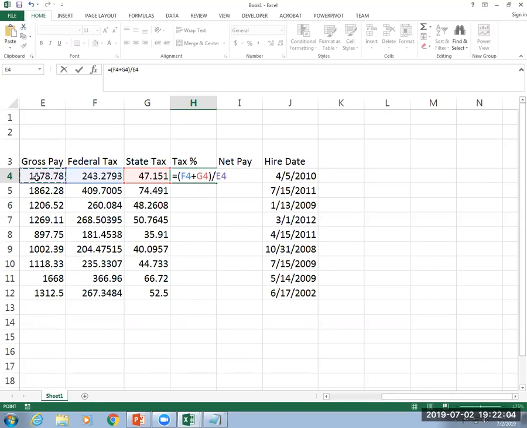That's why we need to put F4 plus G4 in parentheses, as an order of operations. Because we do multiplication and division first, without the parentheses it would be the same thing as saying G4 divided by E4 plus F4. That's not what we want. We want those both to be divided by E4.